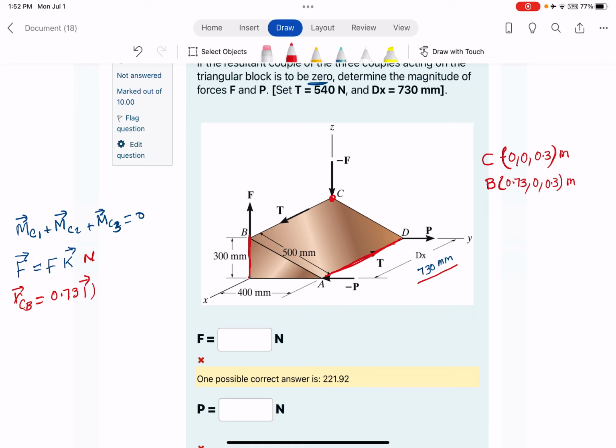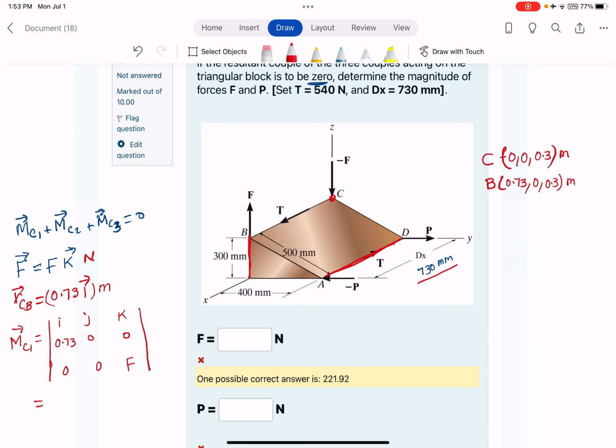Okay, so this is in meters. So now we can find the couple moment of the first force, F. Let's call this one MC1, with i, j, k. We put the position vector: this is i, 0.73, nothing in the j, nothing in the k. And we put the force down: 0, 0, F.